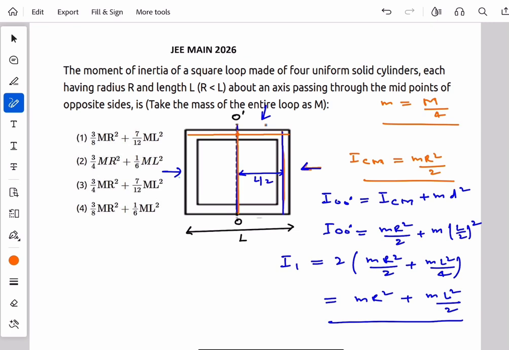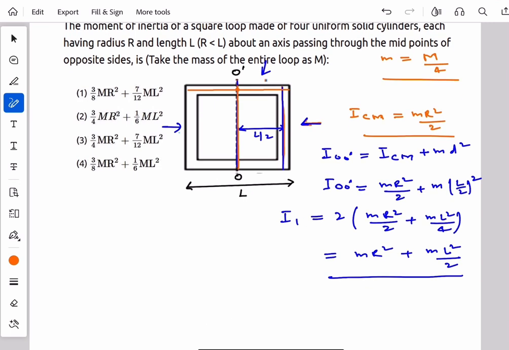So moment of inertia of this cylinder at the top position about axis O dash is mr square upon 4 plus ml square upon 12.